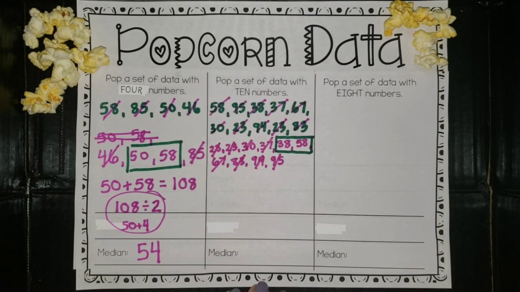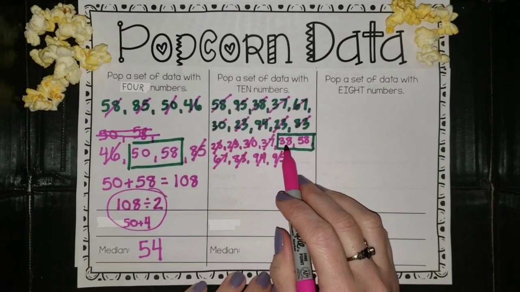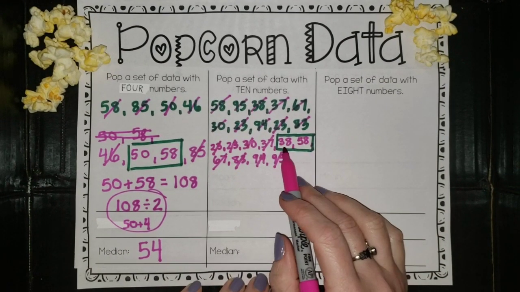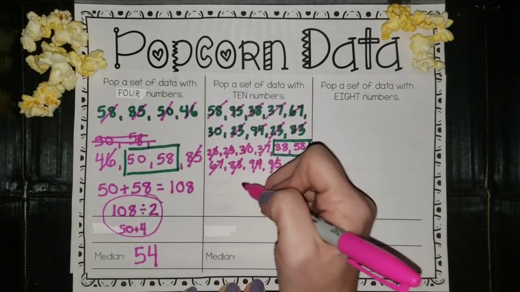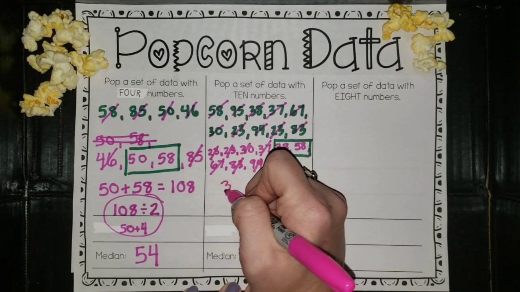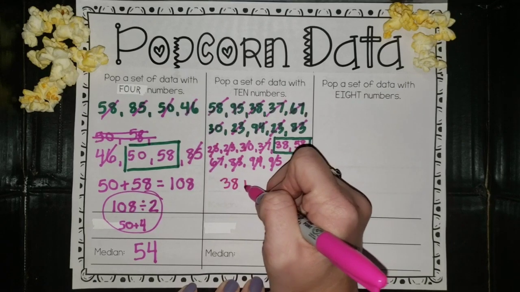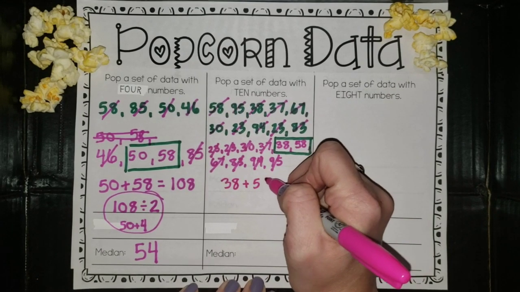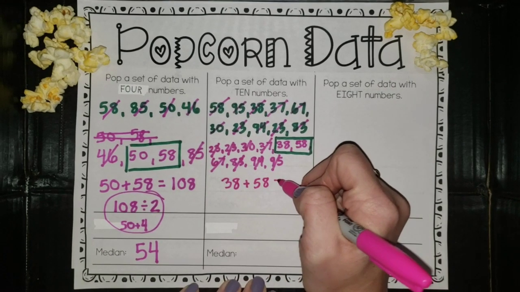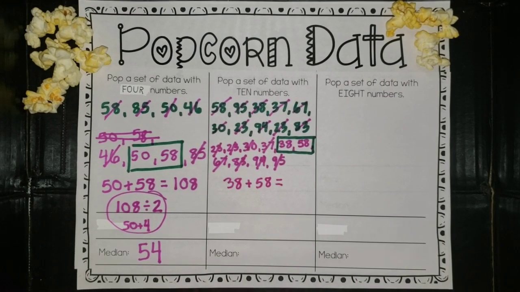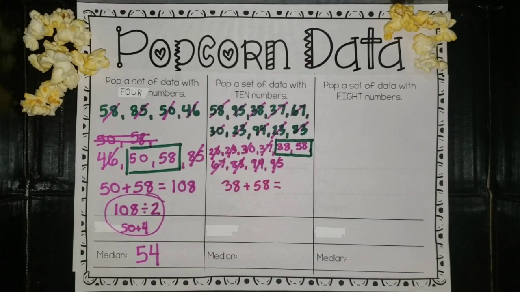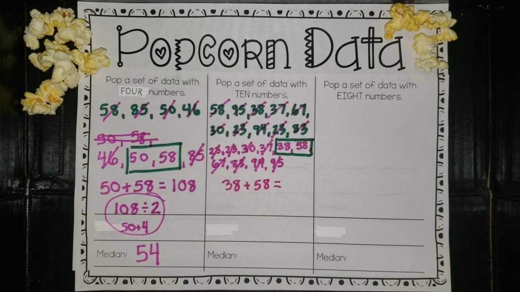All right, I hope that you got 38 and 58 as your two remaining numbers. As we did before, we're going to add 38 and 58. Now, there's two ways that we can do this, even before we find the sum of 38 and 58.